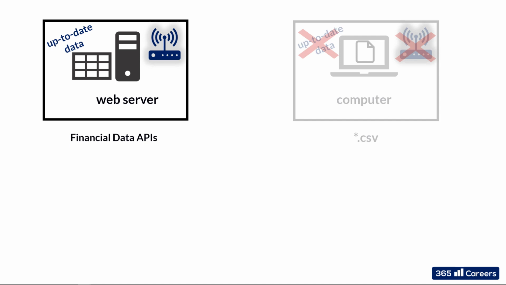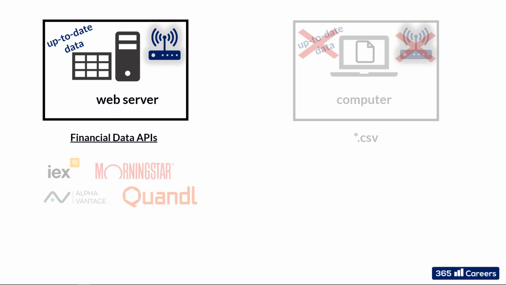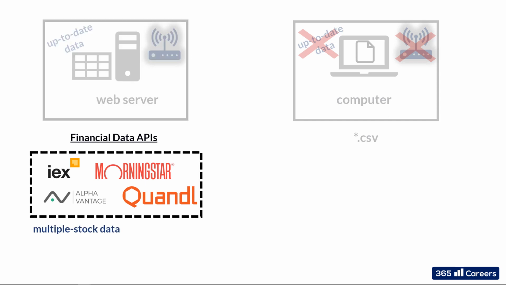Here's why. First, web services are prone to breaking down for unknown periods of time. Second, it is possible that a certain API may contain only part of the data you need for a proper financial analysis. Currently, some APIs offer just single or multiple stock data, while others may provide foreign stock data or market indices data.